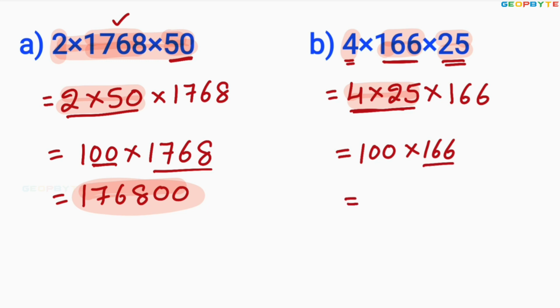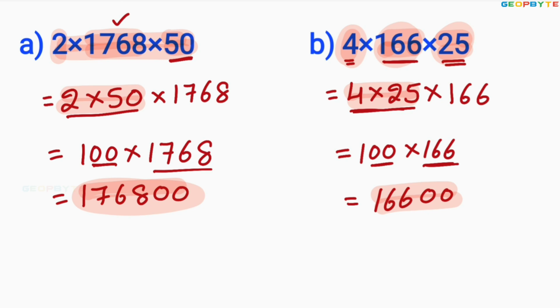You first write this 166, then write these two zeros. 16600 be the value of 4 multiplied by 166 multiplied by 25. I hope all you are clearly following.